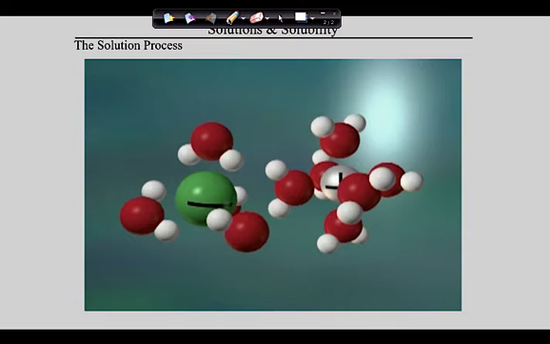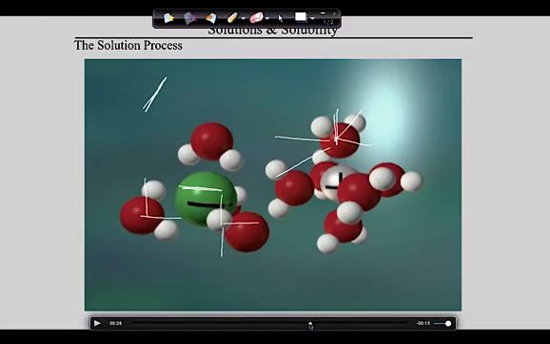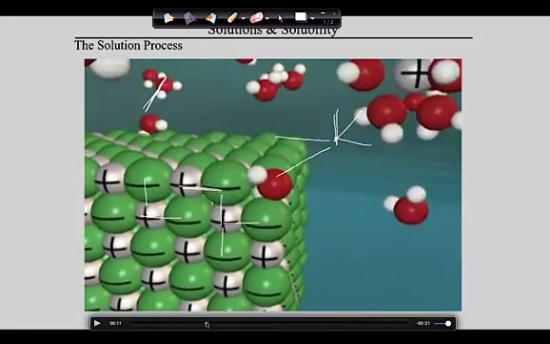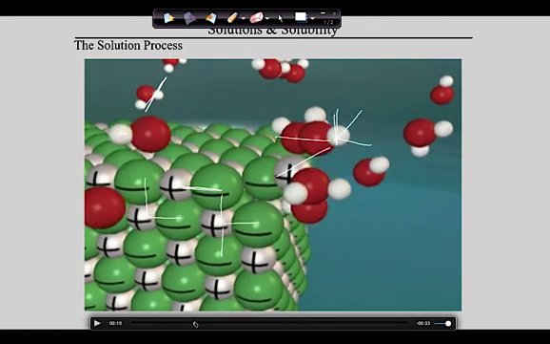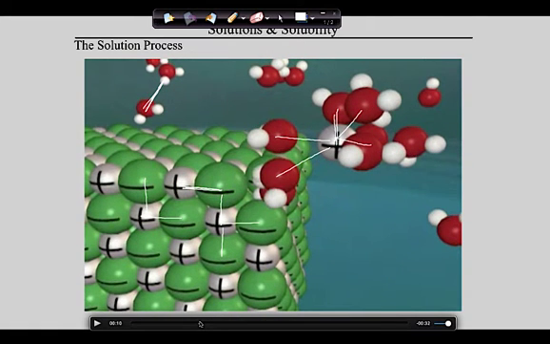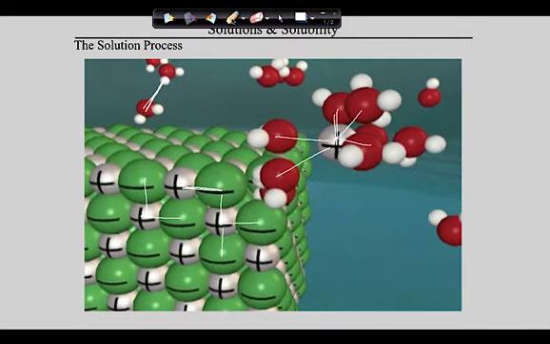Is that okay? Okay, so guys, with that done now, what I want to do is foreshadow everything that you're going to learn today. So, stupid question. Does table salt dissolve in water?